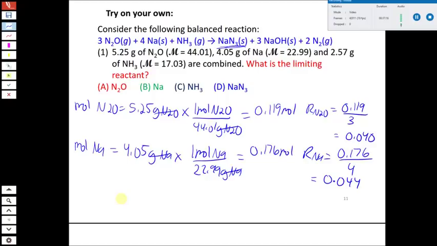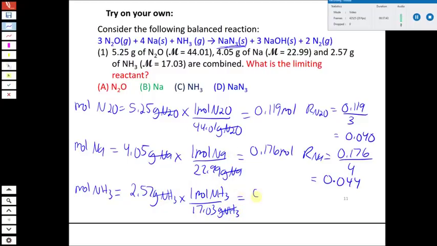And then we check the last one, which is NH3. We have 2.57 grams. We calculate moles using the molar mass of NH3, which is 17. So we got 0.151 moles.